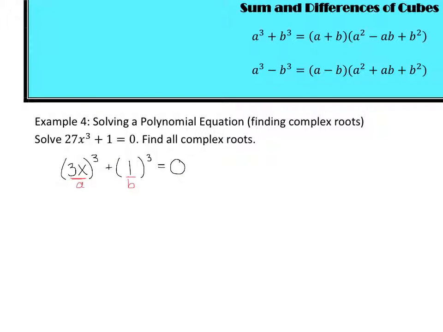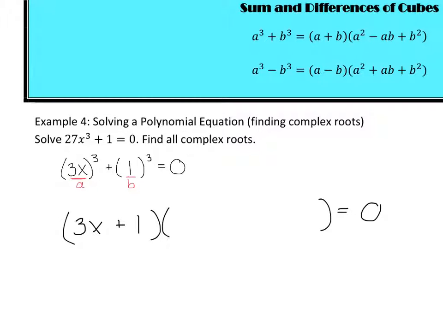It'll be set up like that. So for the a plus b, instead of a, we write 3x. Instead of plus b, we write plus 1. Then the little more complicated part.